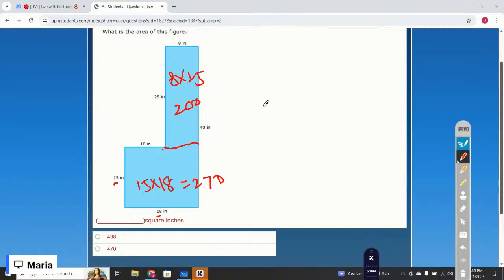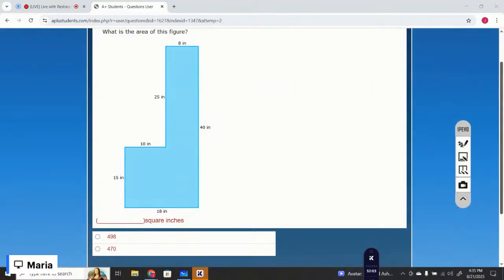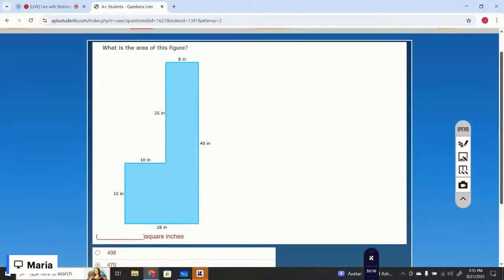So to calculate the area of the complete figure, you need to add both the areas. 200 plus 270 equals 470. Option number 2 is the correct option. Got it? That's how we calculate the area of compound figures. Got it?